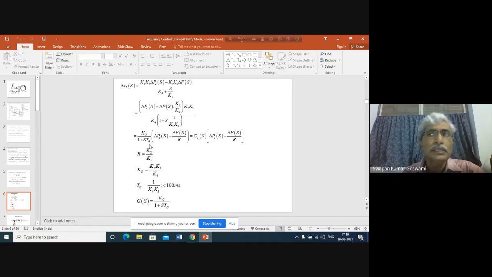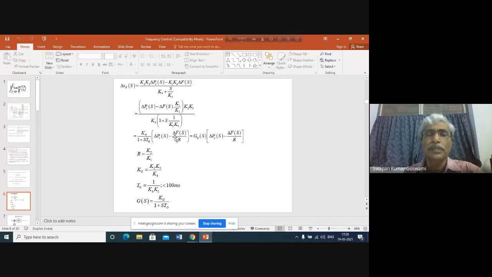Tg is the time constant of this speed governing system, and Kg is the gain of the speed governing system. So Kg by 1 plus sTg is the transfer function of the speed governing system, the mathematical model of the speed governing system. And the inputs are delta PC(s) and delta F(s).